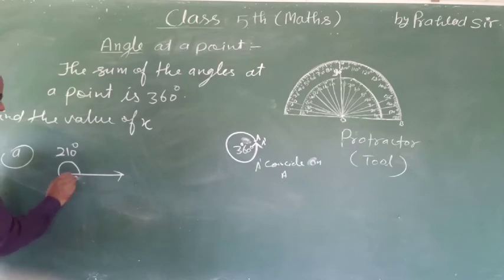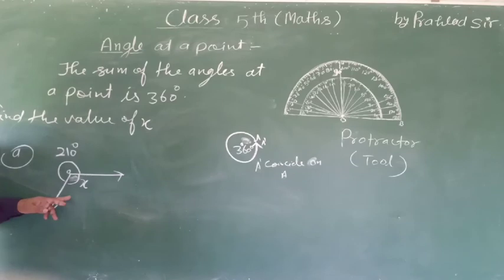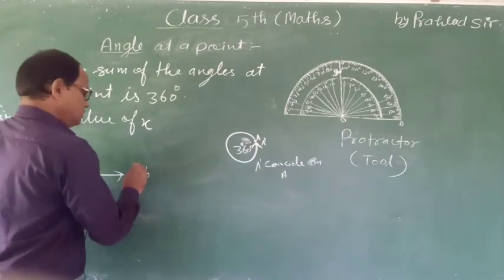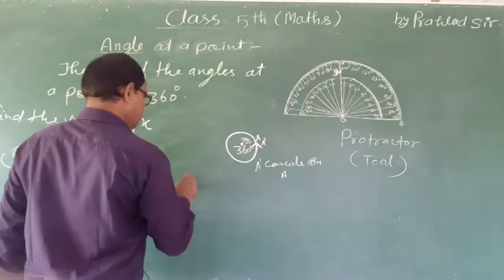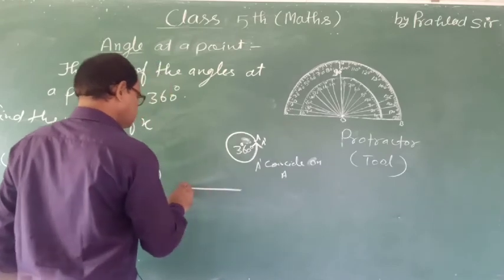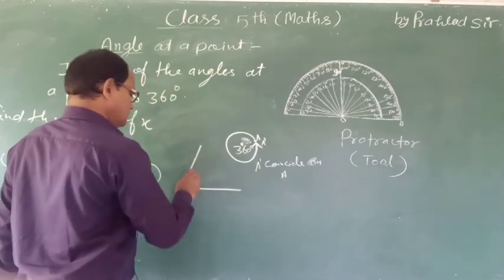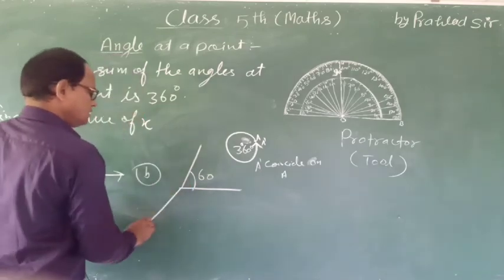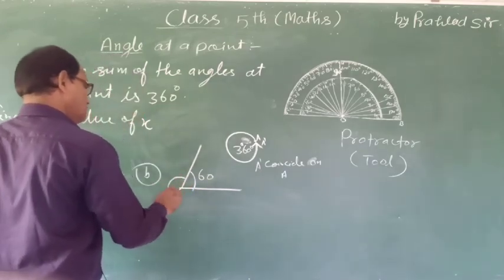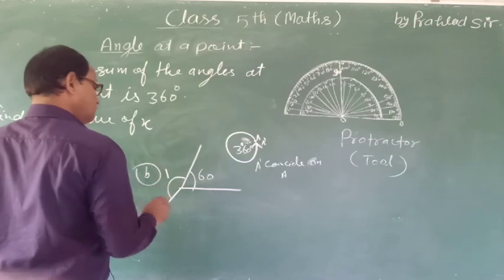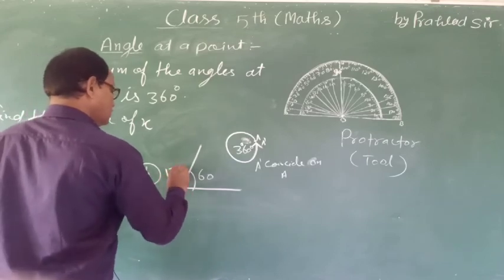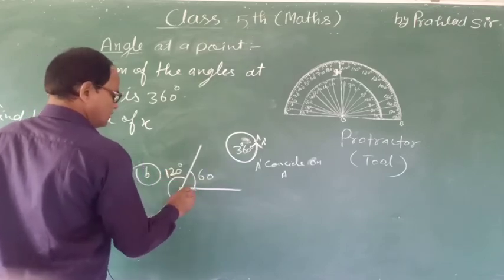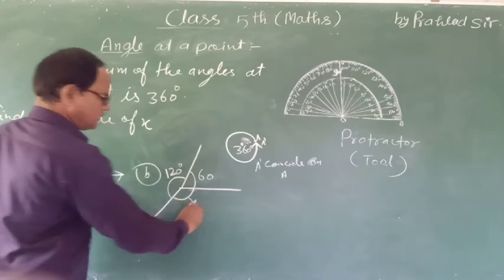Then find the value of x. Here, this angle is equal to 60 degrees and this angle is 120 degrees. Then find the value of x.